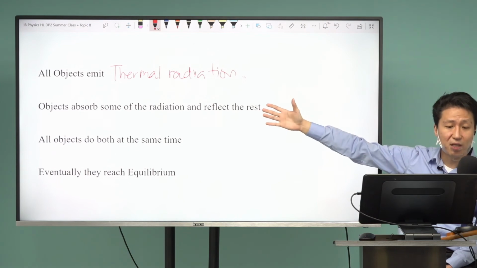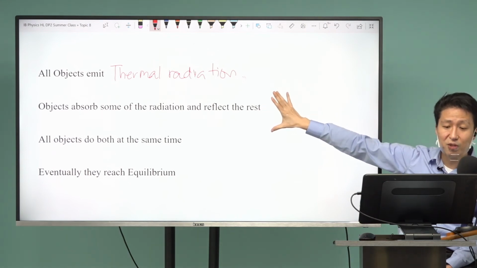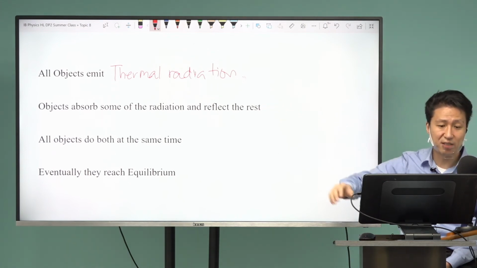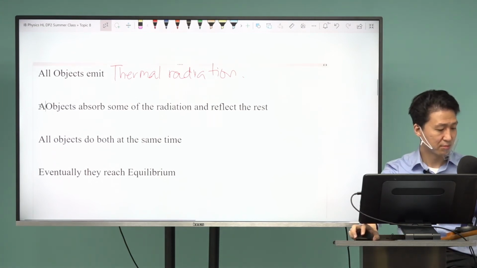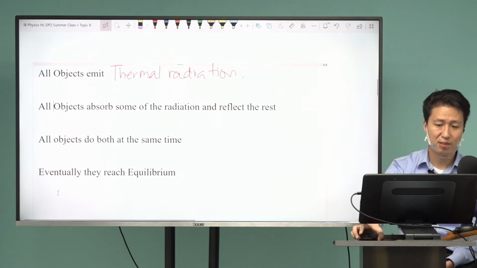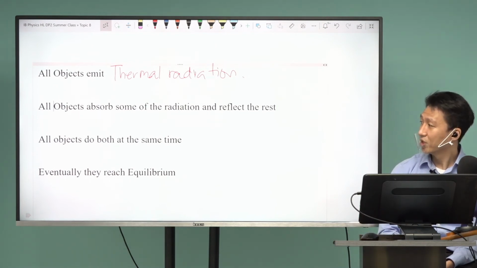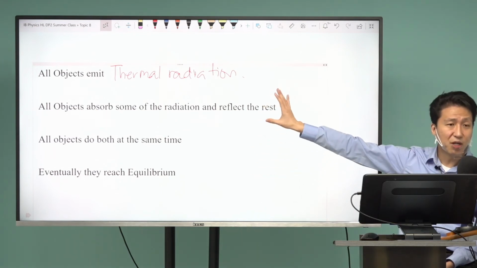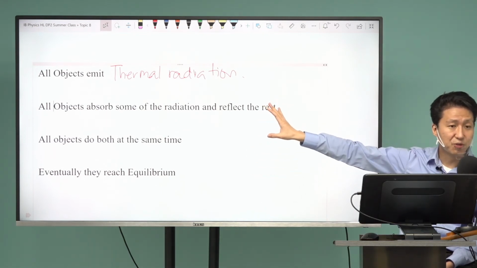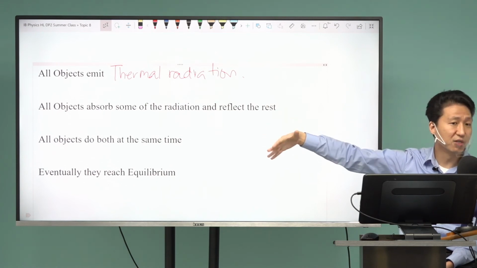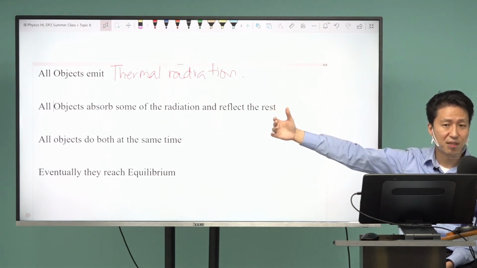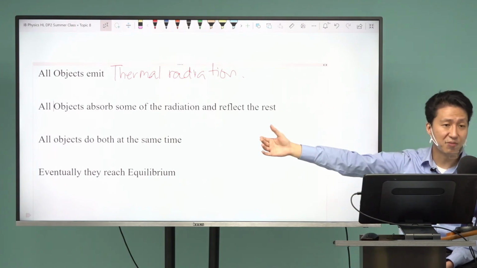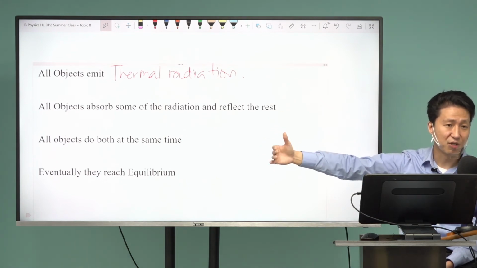Also, all objects absorb some of the radiation and reflect the rest. Normally all objects will absorb a certain percentage, from 0 to 100, non-inclusive, and they will reflect some of the remainder, also from 0 to 100.